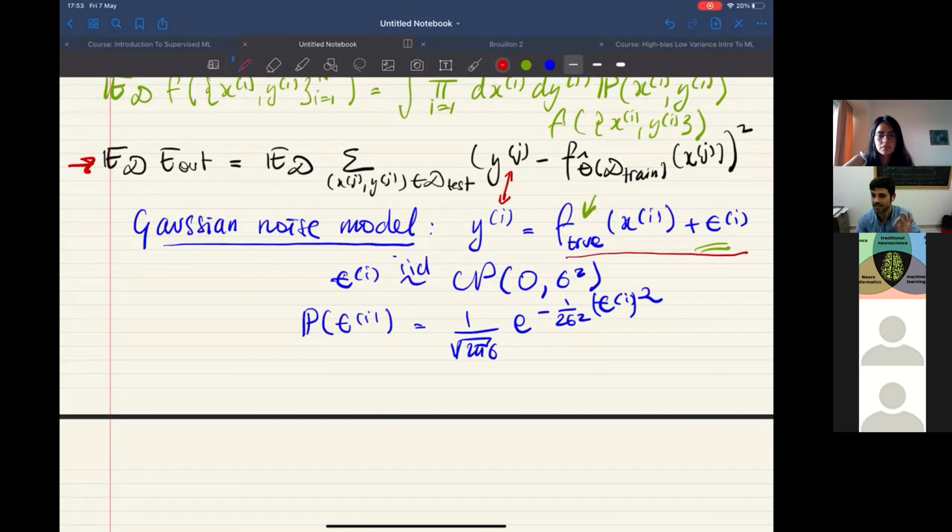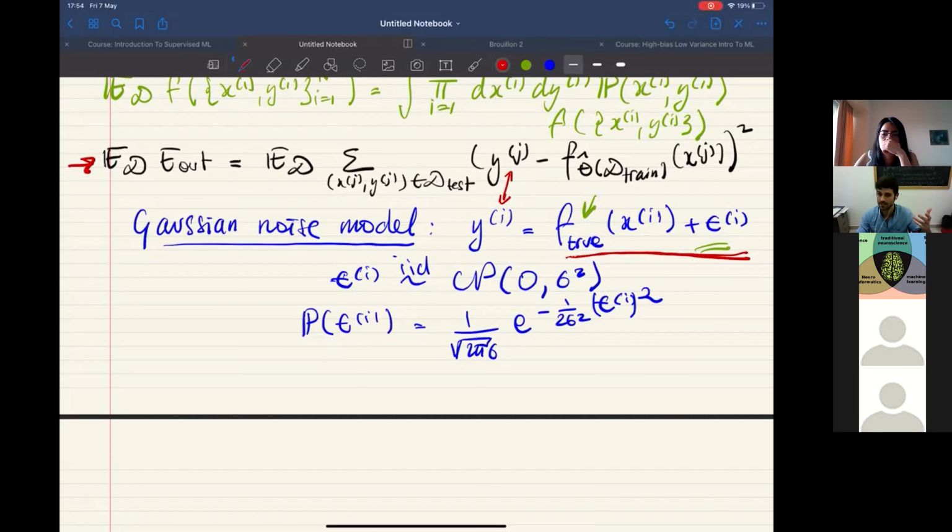Be careful: when I say the model we assume, I'm not talking about the hypothesis class that we are considering for the training. I'm just assuming a mathematical model for the way the true labels are generated given the inputs.